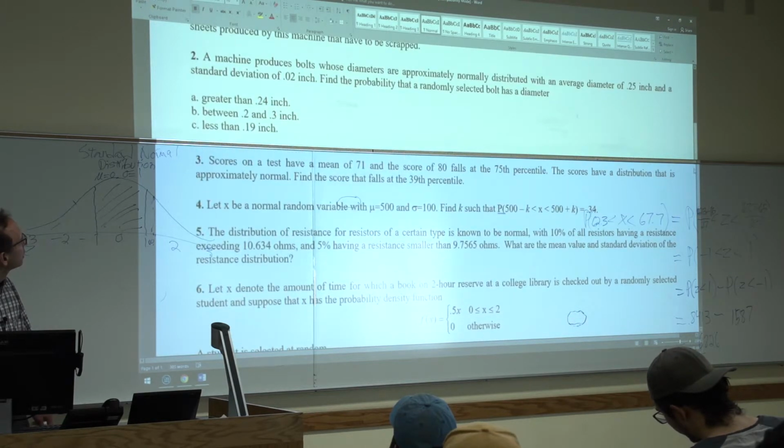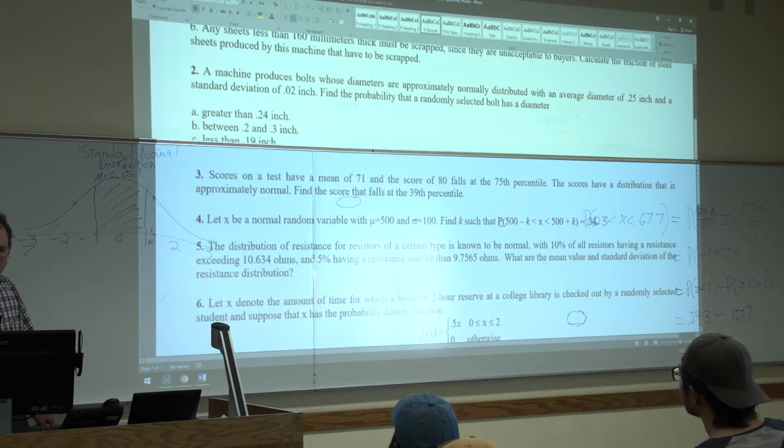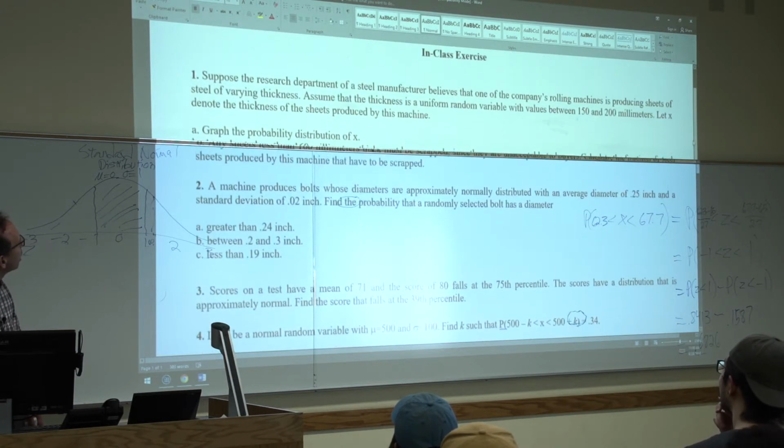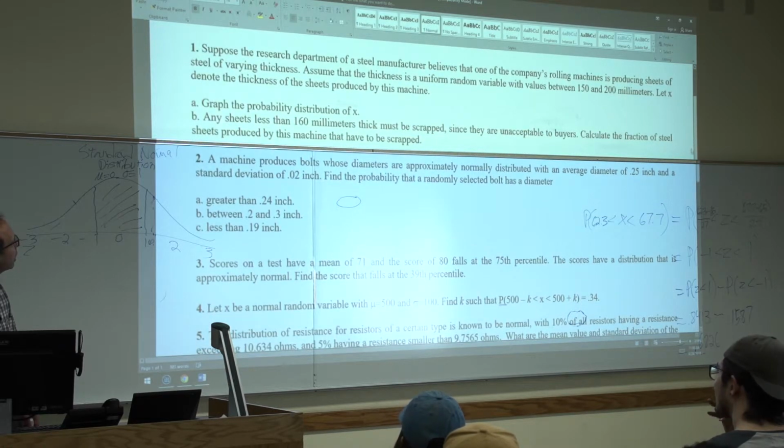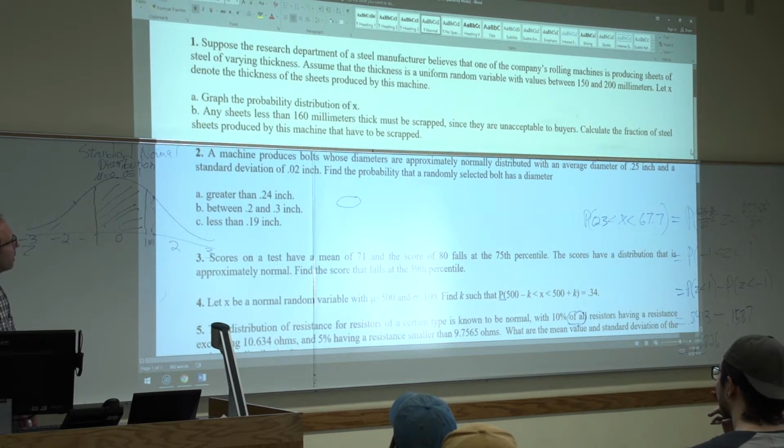Number one involves a uniform distribution. That's just like the bus stop, but we can come back to that one if you'd like.